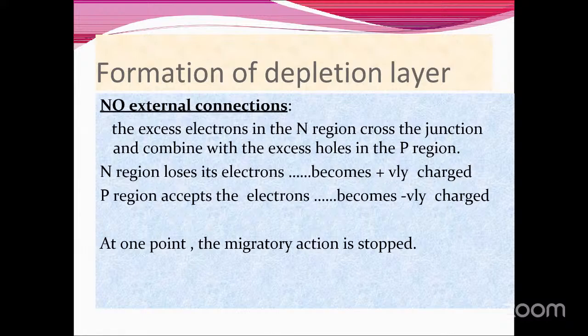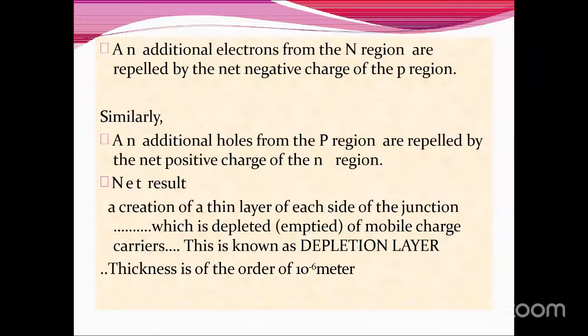At one point, the migratory action stops here. Migratory means the carriers coming across the junction from N to P or from P to N. Additional electrons from the N region are repelled by the net negative charge of the P region, and similarly additional holes from the P region are repelled by the net positive charge of the N region.